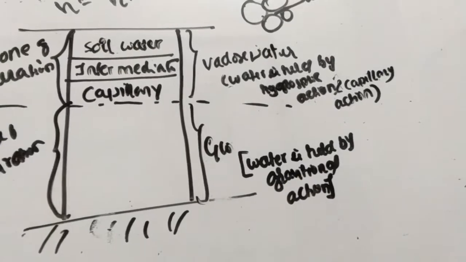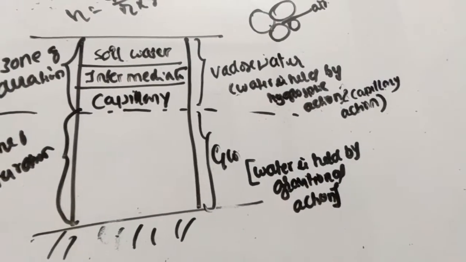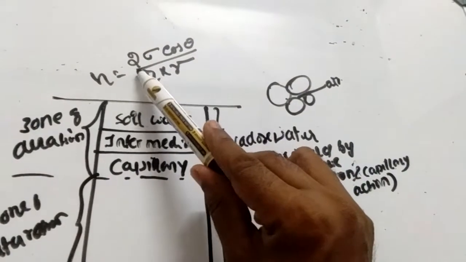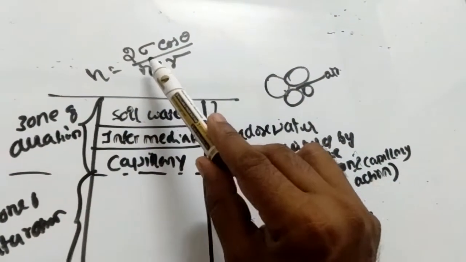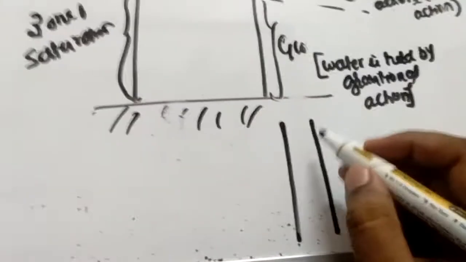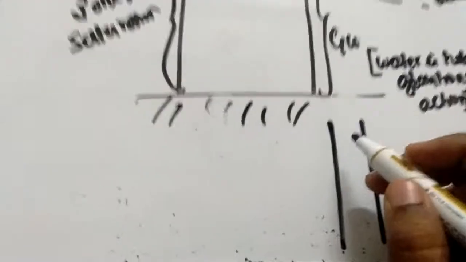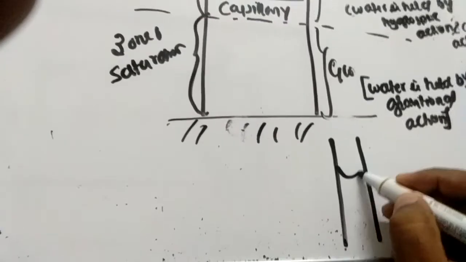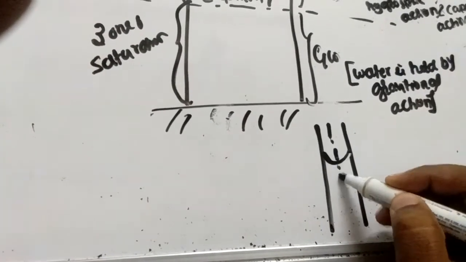Continuing, the expression for this capillary rise. So here I will draw one more line. Suppose this is a capillary tube, which is basically a narrow tube. This is the center line.